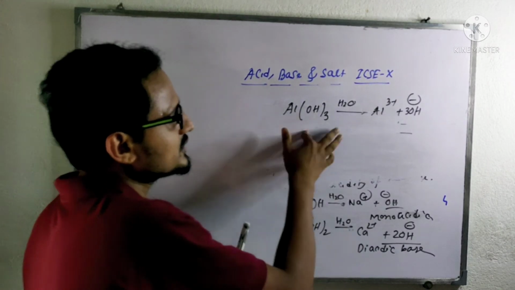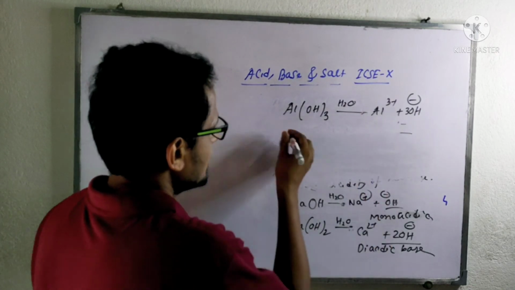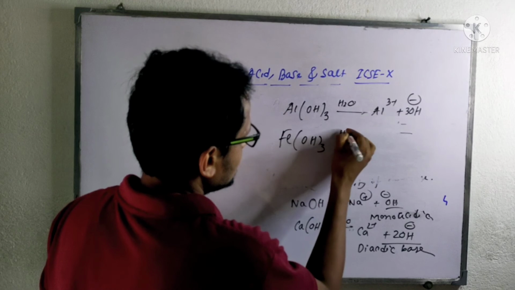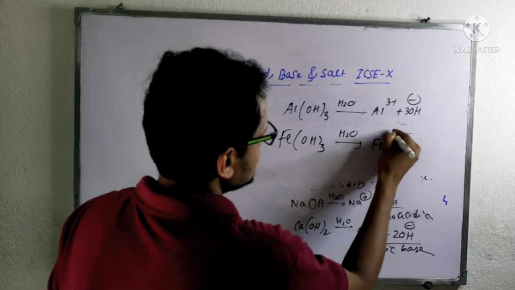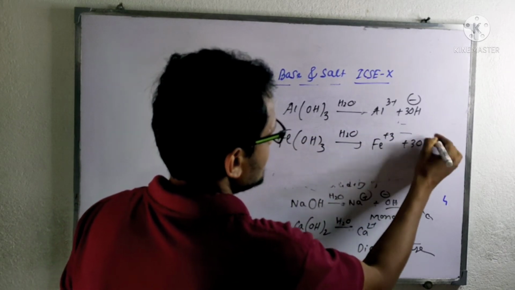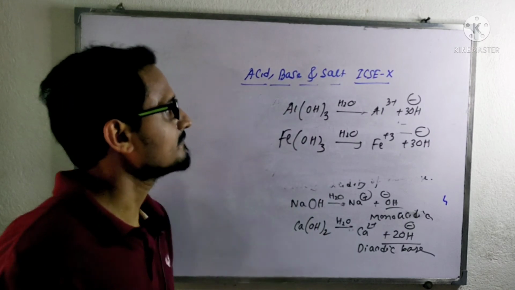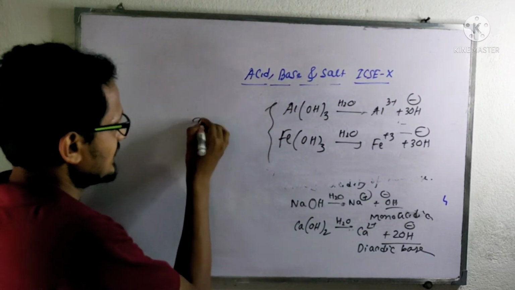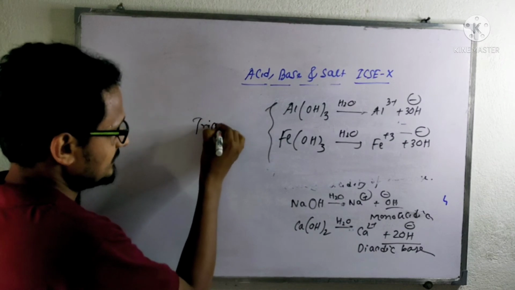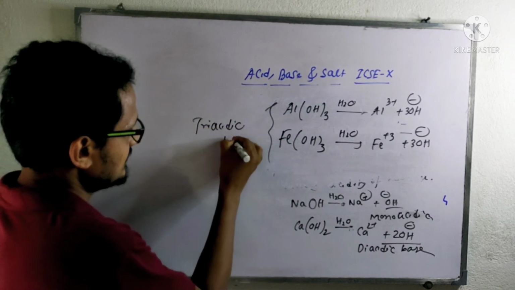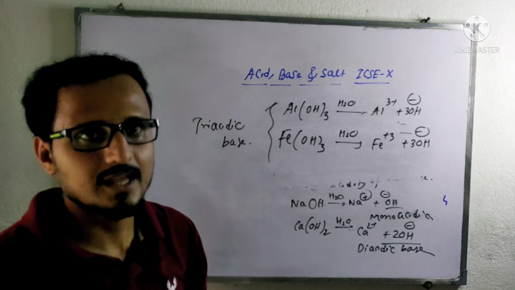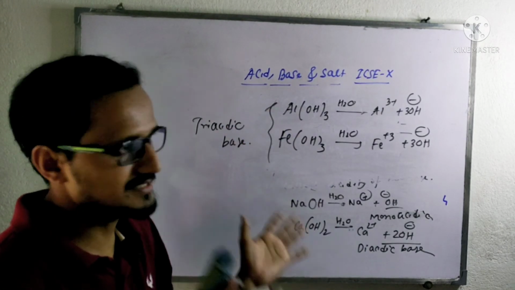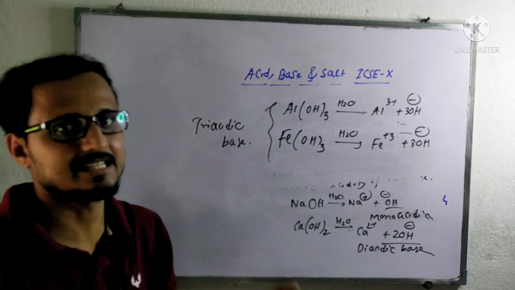So Al(OH)3 in H2O gives Al3 plus and 3OH minus. Same with Fe(OH)3, which will form Fe3 plus and 3OH minus. So these two are triacidic bases. So this is the classification of acids and bases according to their basicity and acidity.